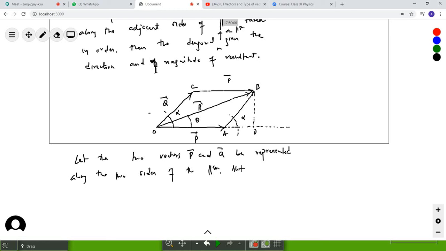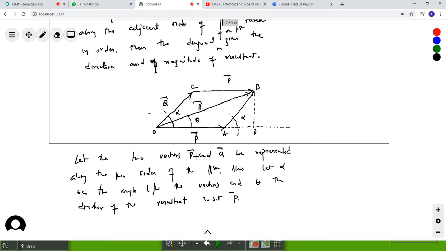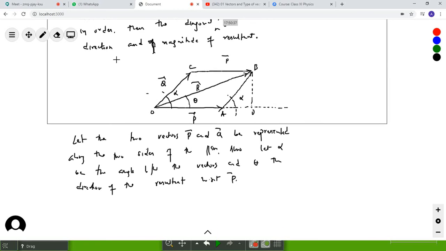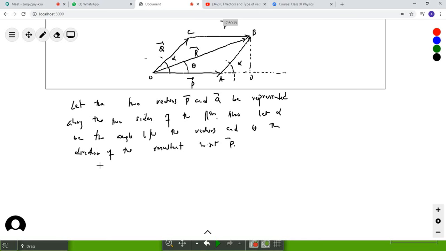Also, let alpha be the angle between the vectors and theta the direction of the resultant with respect to which vector? You can see, P.